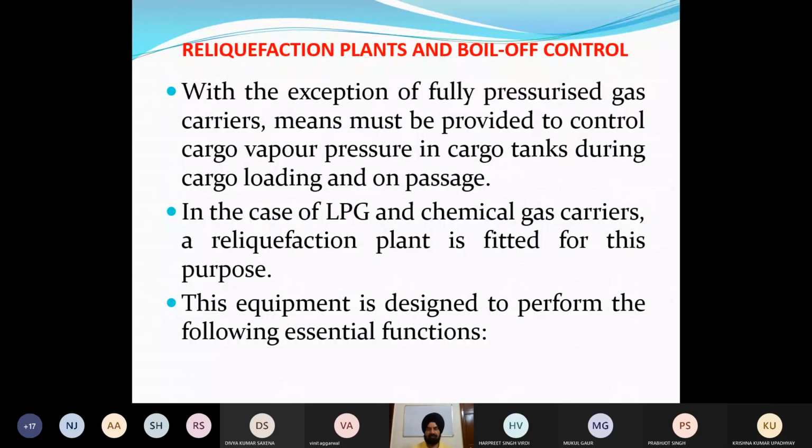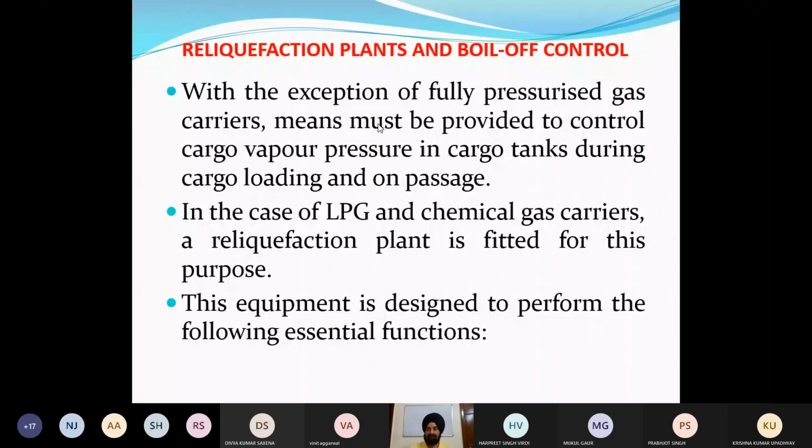With the exception of fully pressurized gas carriers, means must be provided to control cargo vapor pressure in cargo tanks. Now, why are they saying exception to fully pressurized? Because the ships which are fully pressurized, their construction is different. They can stand high pressure.